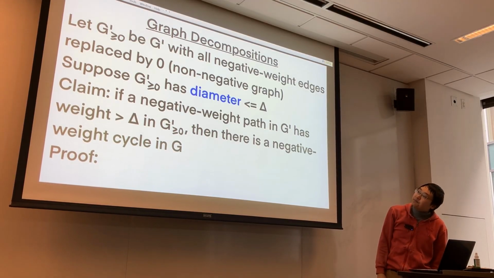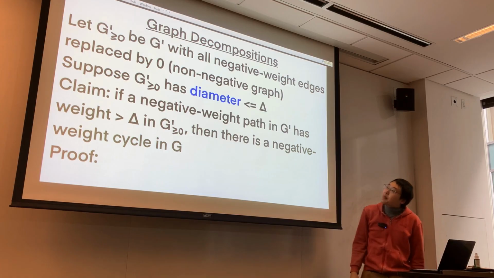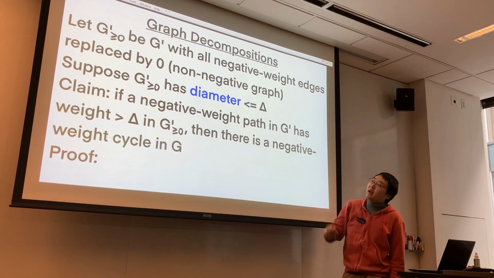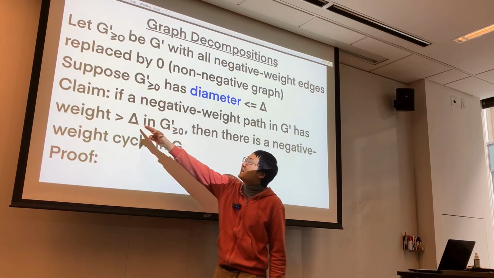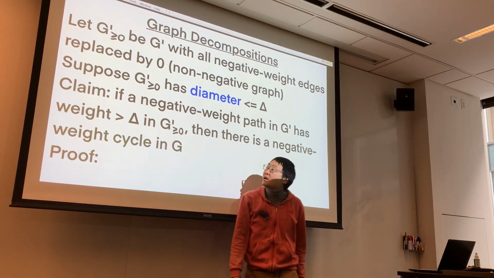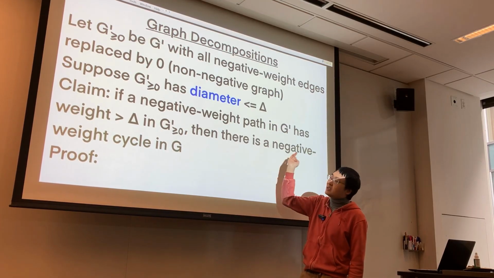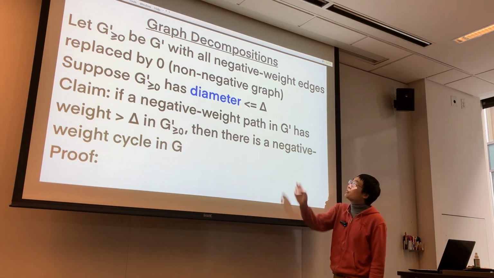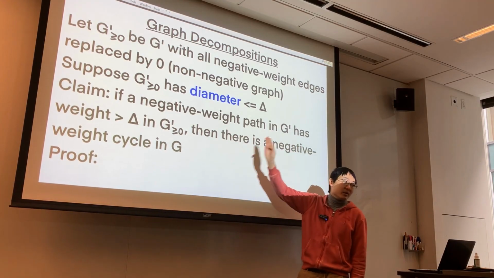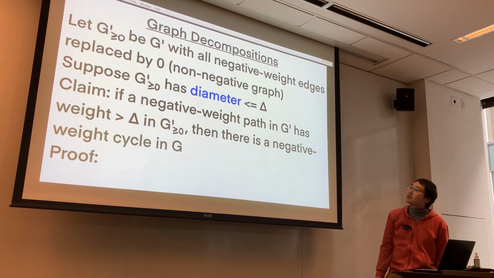Okay. The claim is that if a negative weight path in G prime has a large weight in G prime with non-negative edges, then there's a negative weight cycle in G. So once again, this is G prime, this is G. There's a gap between these two, and we're going to crucially exploit this fact.